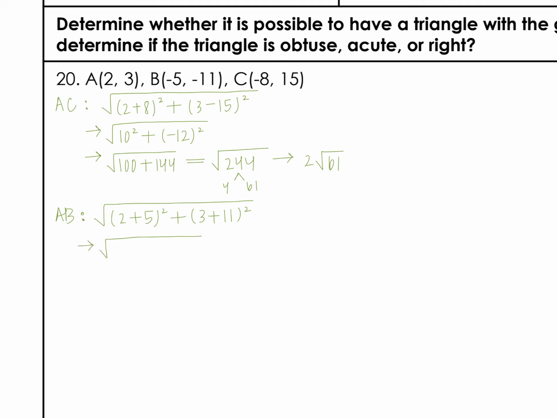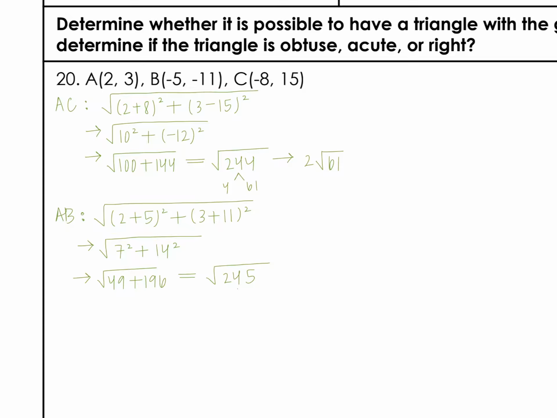Going through that, 2 plus 5 will give me 7 squared, plus 3 plus 11 will give me 14 squared. 7 squared gives me 49, plus 14 squared, 196, which when I add those together, I'm going to get 245.